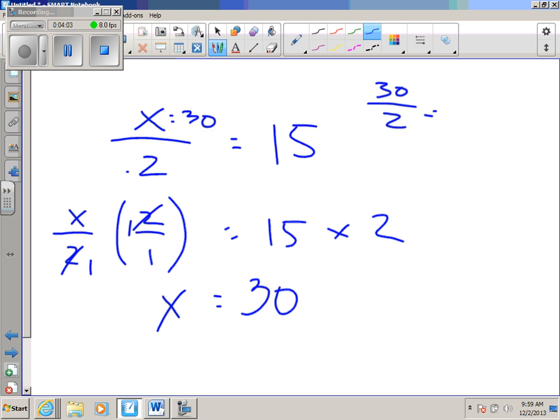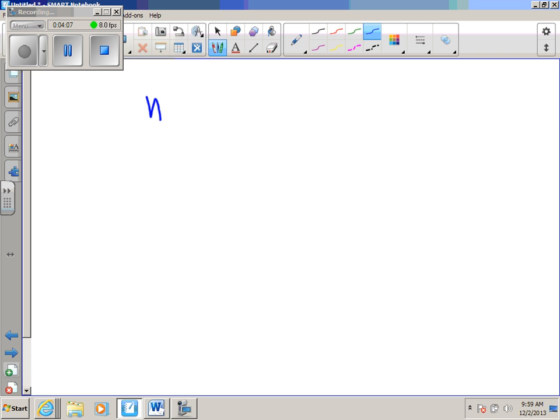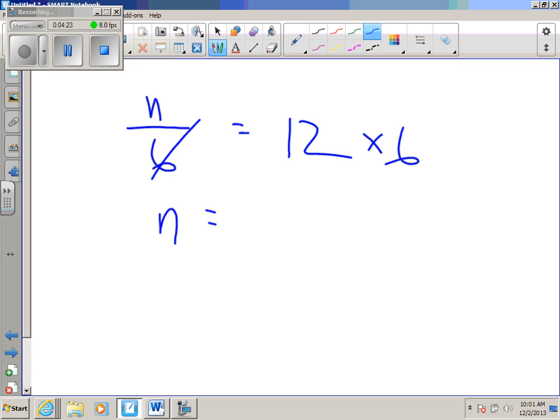Okay? Try this one. N over 6 is equal to 12. Currently, n is being, right now it's being divided by 6. So the opposite of dividing by 6, it's going to multiply by 6. It's going to isolate the n. 12 times 6, 72. 72 over 6 equals 12.